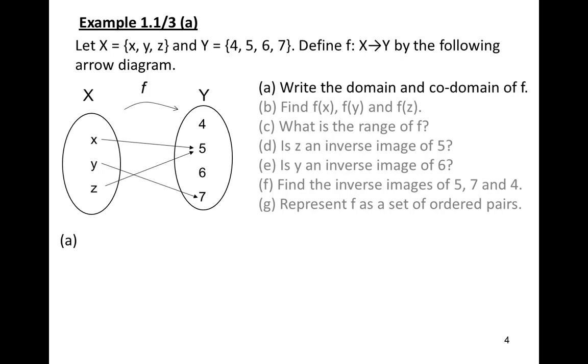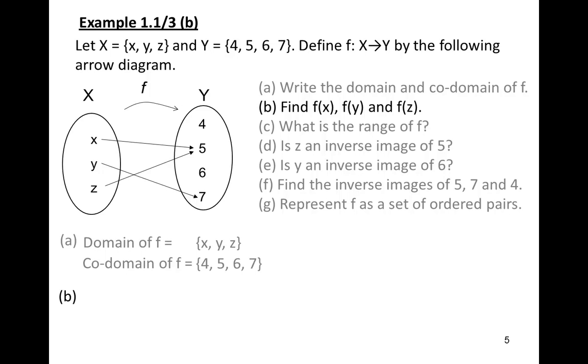Since f relates set X to set Y, therefore the domain of f is the whole of set X, which is equal to the set consisting of elements little x, y, and z. So list them out and close them in a pair of curly brackets. And the codomain is the whole of set Y, which is equal to the set consisting of elements 4, 5, 6, and 7. So list them out.